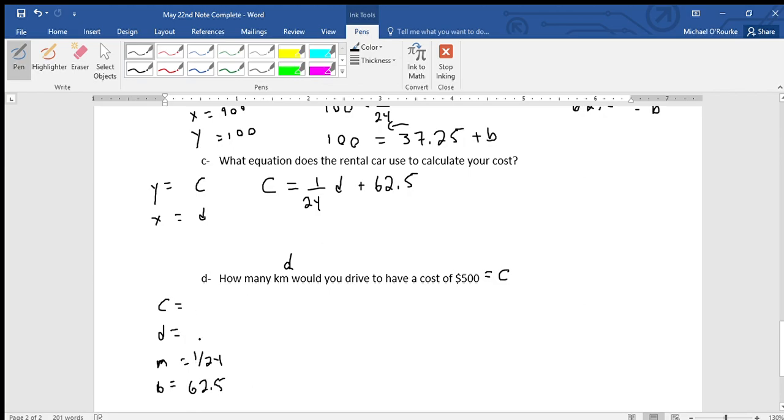We're looking for distance, and we have the cost. So let's write everything we know. Cost equals 1 over 24 d plus 62.5. So if we want to do this, we have 500 equals 1 over 24 d plus 62.5. Let's rearrange, bring that over.